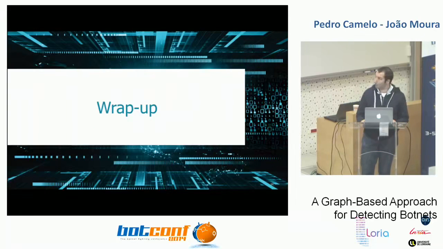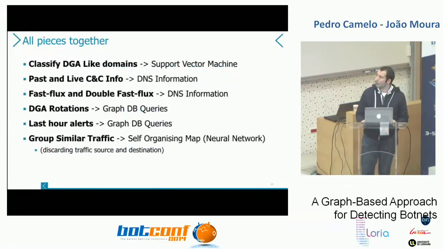So let's wrap up everything. For the DGA domain classification, we use the support vector machine. For CNC detection, we use DNS information, and so the fast flux and double fast flux. For DGA rotations and last hour alerts, we use the GraphDB queries. We group similar traffic with self-organizing map, more properly a neural network.